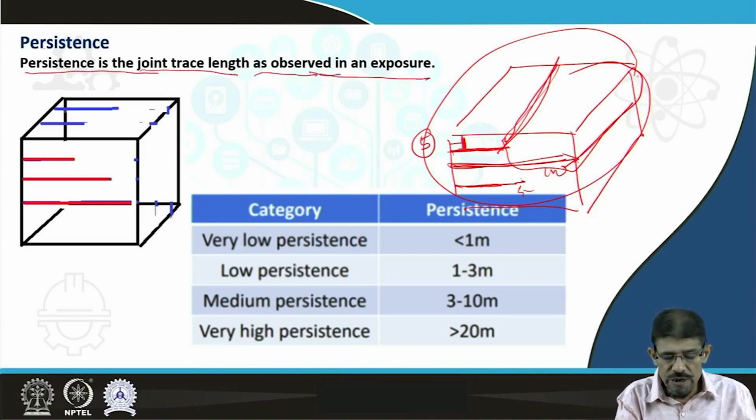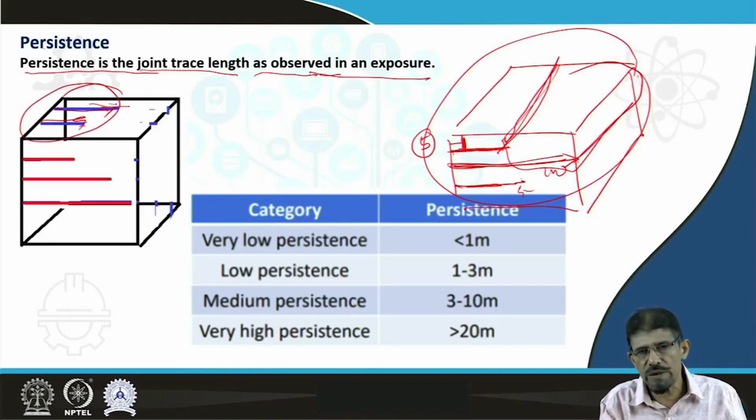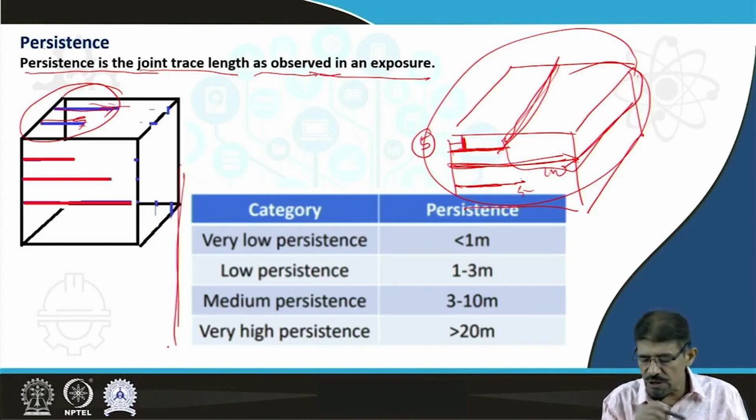You can see here this persistence, this persistence. So persistence is indirectly the extension that a joint is going to cover. On the basis of this persistence, we are going to categorize again. If the persistence is less than 1 meter, it is very low persistence.